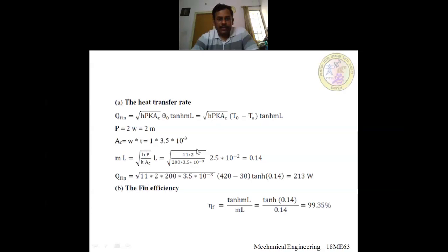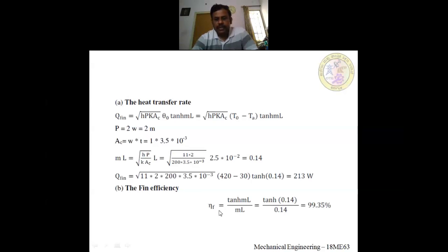H is given as 11, perimeter you have calculated as 2, thermal conductivity of the fin is 200, cross section area is 3.5 times 10 to the power minus 3, T naught minus TA, base temperature and ambient temperature, tanh of m times L, where m times L has been calculated as 0.14. Just substitute and get the value of heat loss with fin, 213 watts.